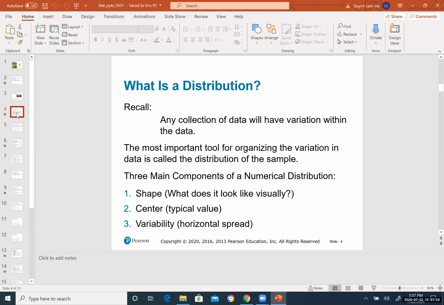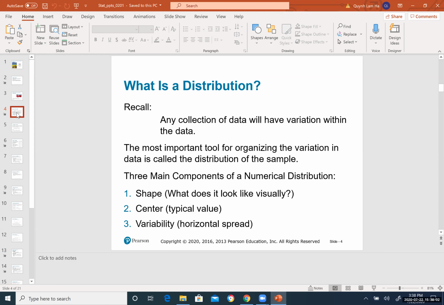So variability. With variability, we are always looking at the horizontal spread, because the graph always looks like a mountain shape, like one mound or two mounds, or evenly spread, or skewed. Then usually we look at our data horizontally, not vertically, okay? So here we are focusing on the word variability. It means you're learning about the spread horizontally.